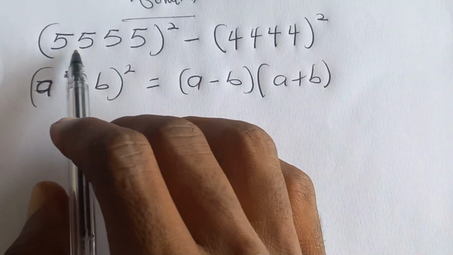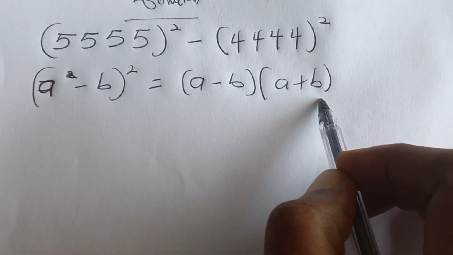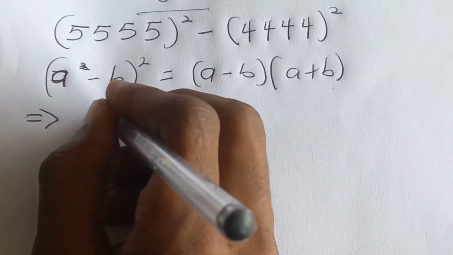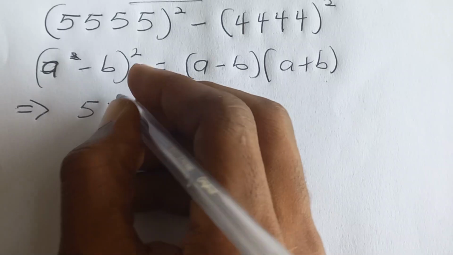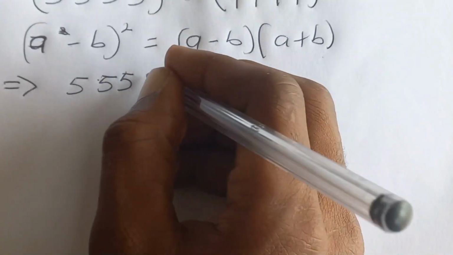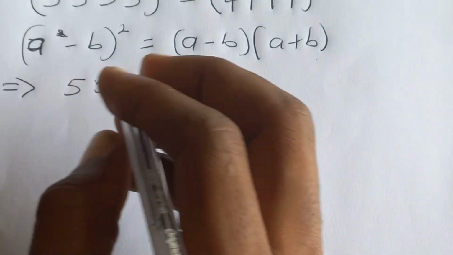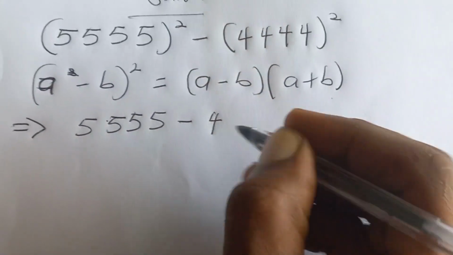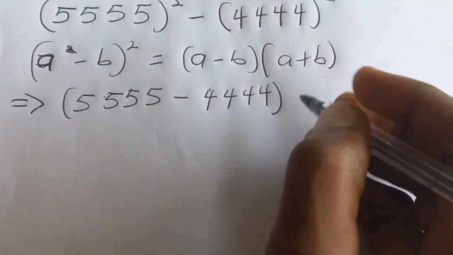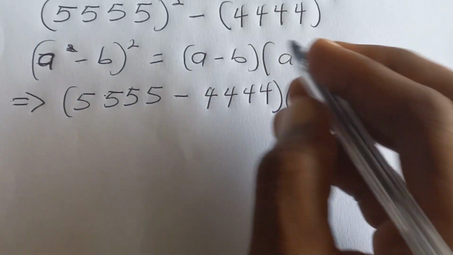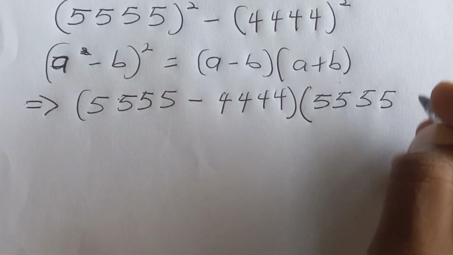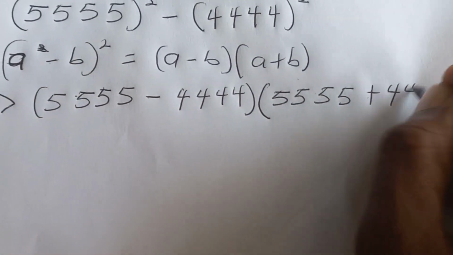So it is equal to 5,555 minus 4,444, brackets, then another bracket which is 5,555 plus 4,444.